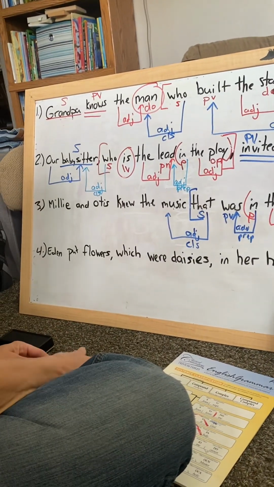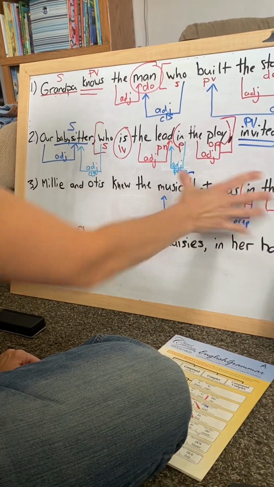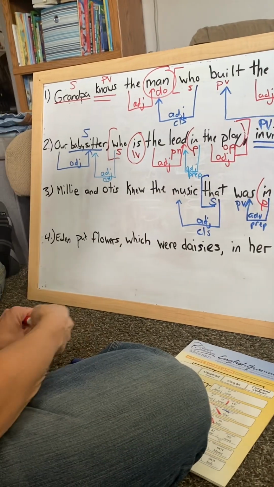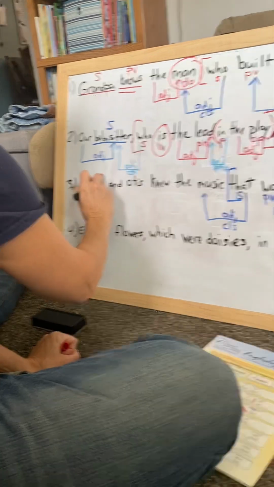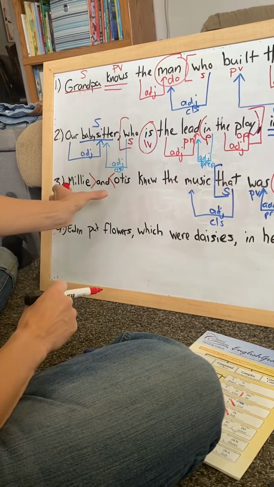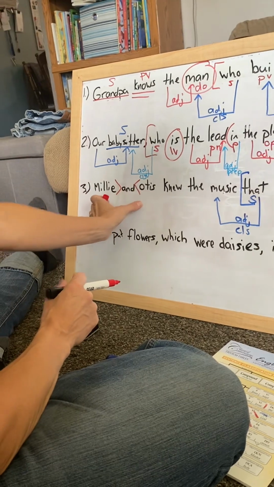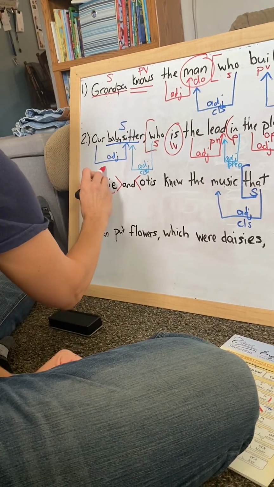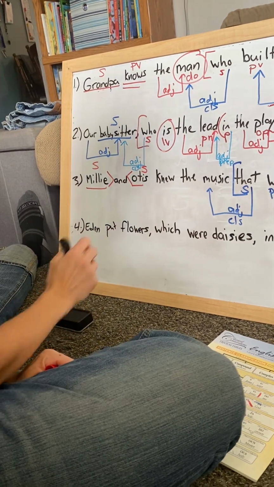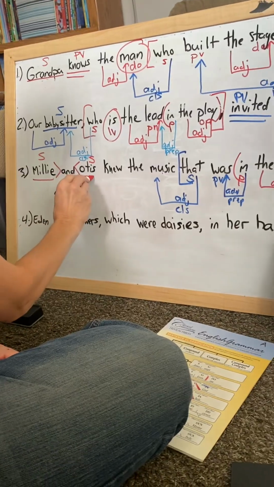Now we're going to find our principal elements. Going to read our sentence again. Since we're done with this part, conjunctions. Any conjunctions? The most common one, and. But is it combining a sentence? No, it's combining a subject. It's a compound subject. So we have Millie and Otis are subjects. And what is their action they were doing?